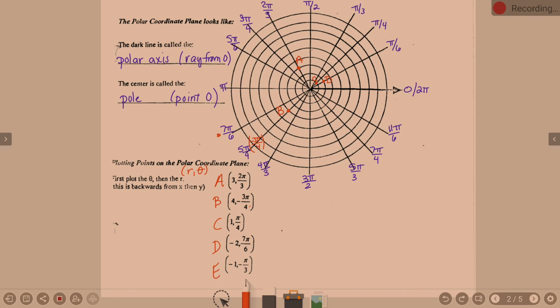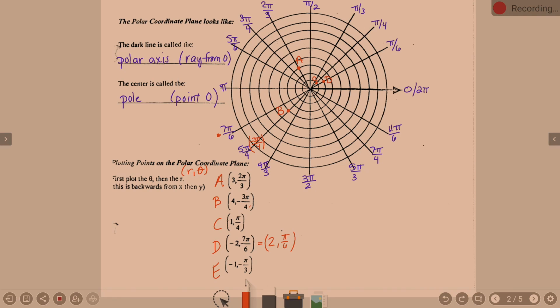No, we just graphed negative 2 comma 7 pi over 6. So in other words, these are equal names. If you call this 2 comma pi over 6, that's another name for it. Now, I'm not saying you have to be able to list that name, but I want you to realize that's what it's equivalent to. So you go backwards through the pole when you have a negative R value. Are we good there?